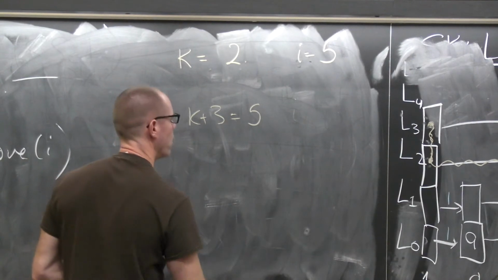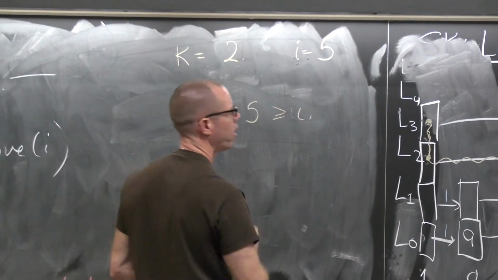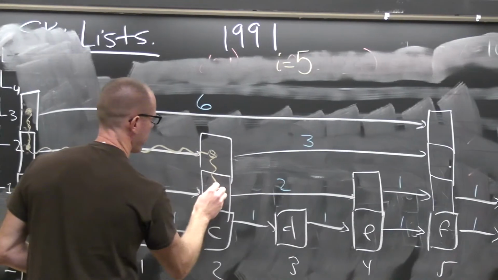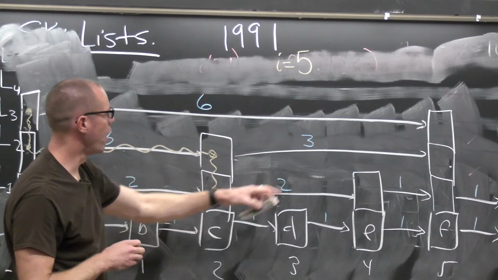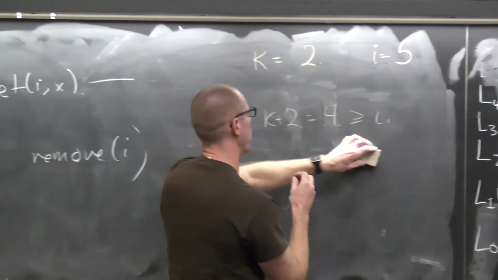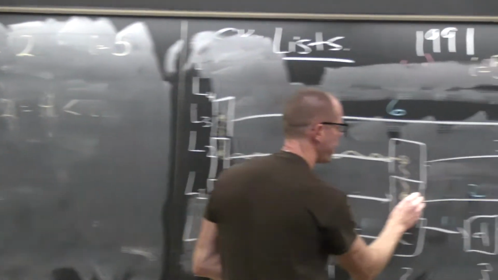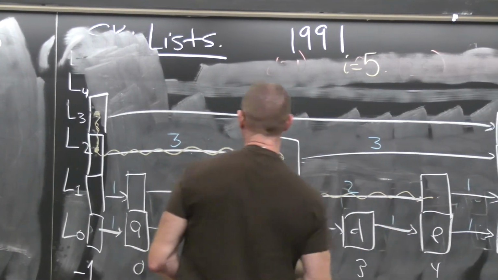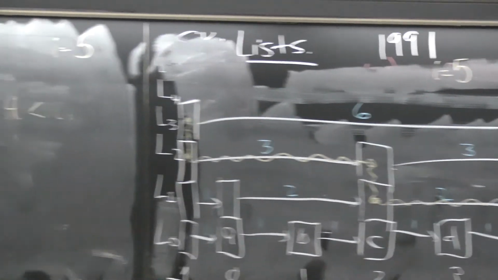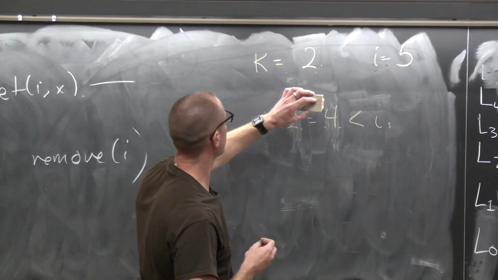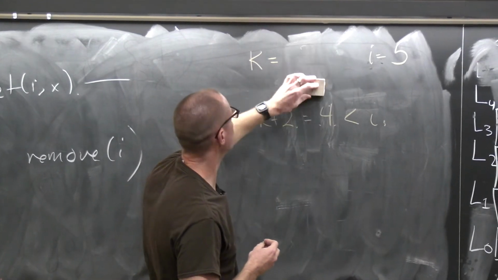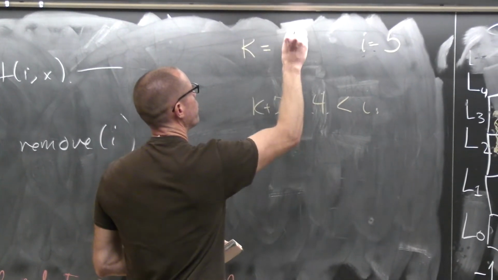That is bigger than or equal to I, so I should go down. Smaller than 5, smaller than I, so I take a step to the right, and I update the value of k by adding 2. So now k equals 4.